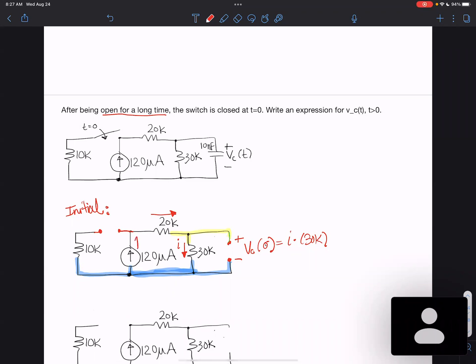Which is also the same current. So what is I? Correct. So it's going to be 120 micro times 30K.